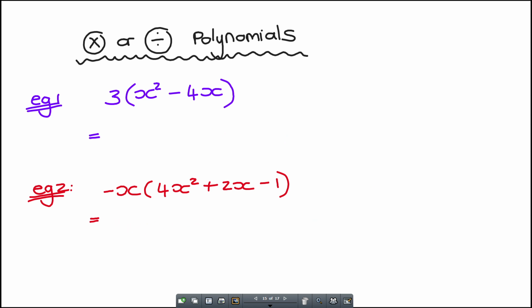Now, up until now, we have been adding or subtracting, right? And then we had to have like terms. But what we're doing now is we are going to multiply or divide. Now, when we do that, remember that you can multiply or divide unlike terms, right? So now we don't have to focus on like terms anymore.